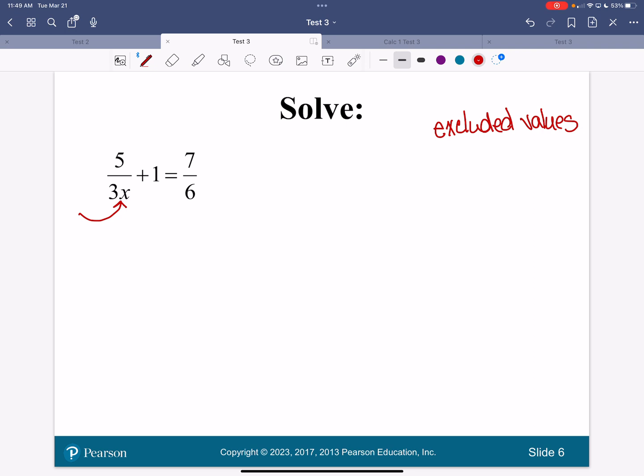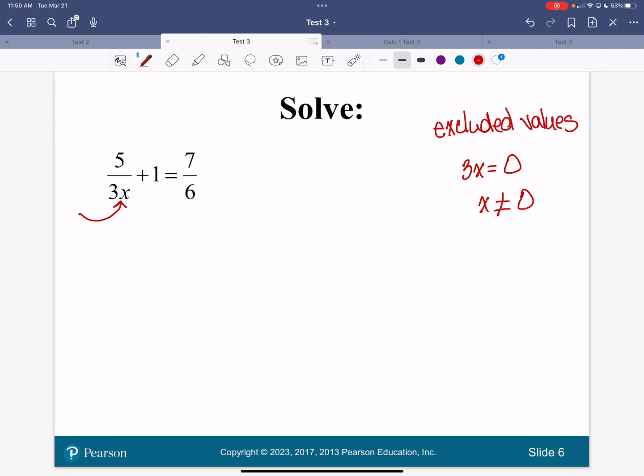Okay? That's how I know. So I've got to take that denominator and I've got to set it equal to 0. So what is it that x cannot be? 0. Good. X cannot be 0. You're correct. So my excluded value for this is 0.